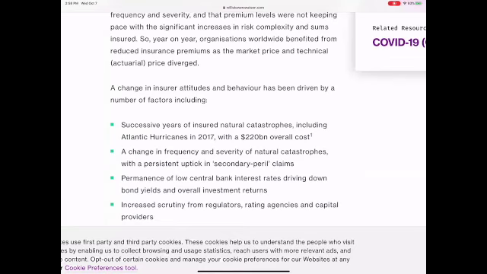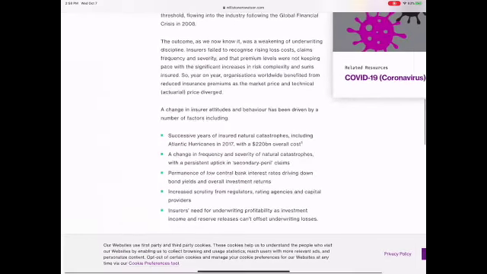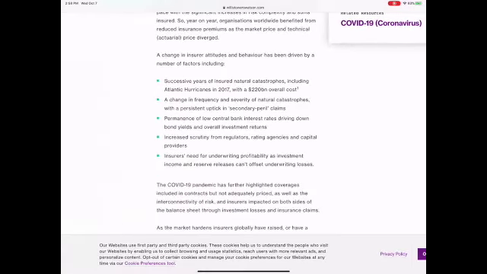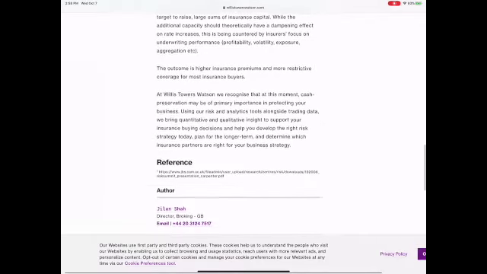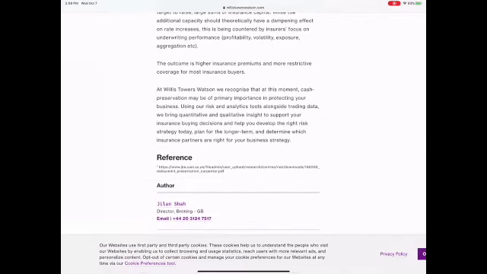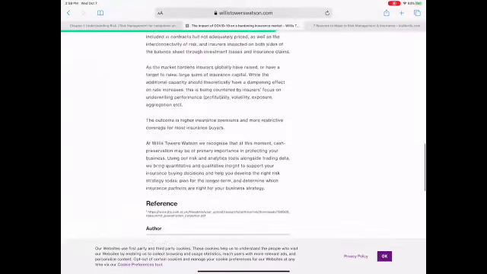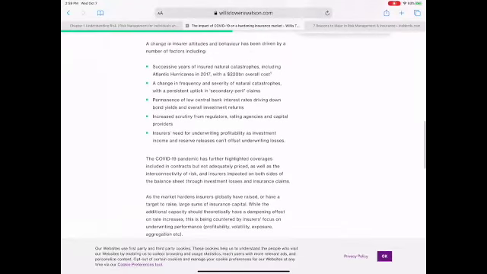We look at the catastrophe year of 2017, the impact that had, as well as the changes in frequency and severity, and the interest rate environment that we're in. All of these combine to drive an insurance company's appetite for taking on risk. I'll put a link to that article in Canvas. I was going to actually have us read it together today, but we've got other things to cover.